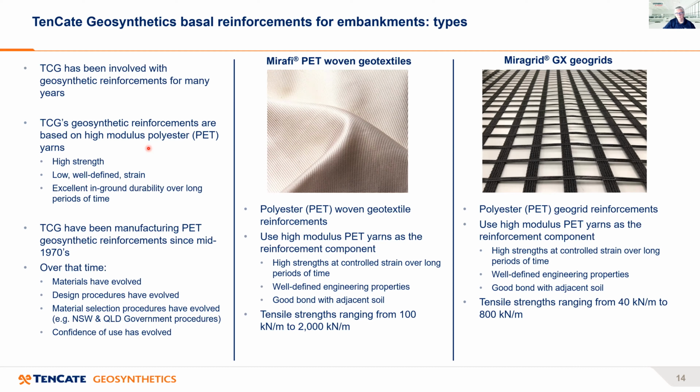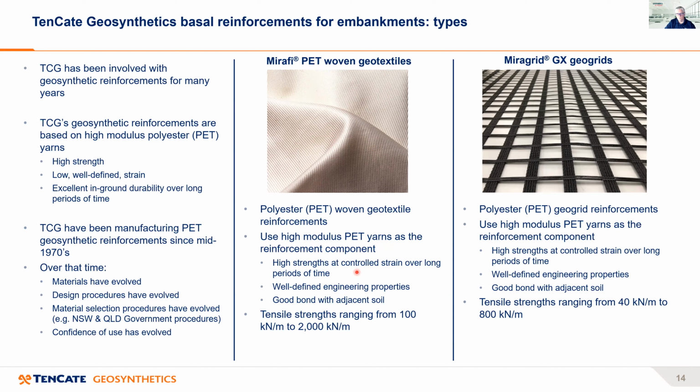We have two families of basal reinforcements. One family is based on woven polyester geotextiles, and there's a photograph there of the particular products. These use, of course, high modulus polyester yarns as the reinforcing component. You get high strengths that can hold strains for long periods of time, and very well-defined engineering properties.